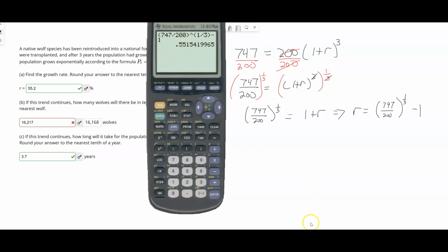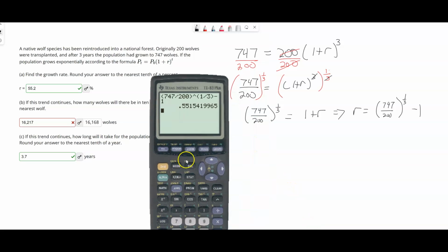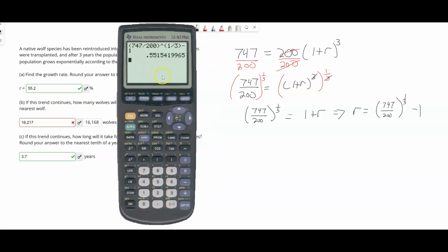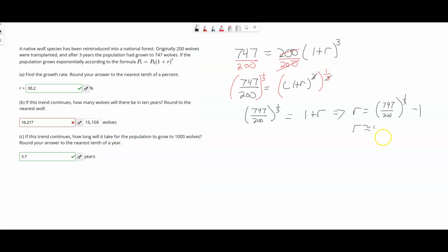0.552 if we round. Now, the rounding instructions say round to the nearest tenth of a percent. So we want to go to percentage and then round that to the tenth. In percentage, r is approximately 55.154.